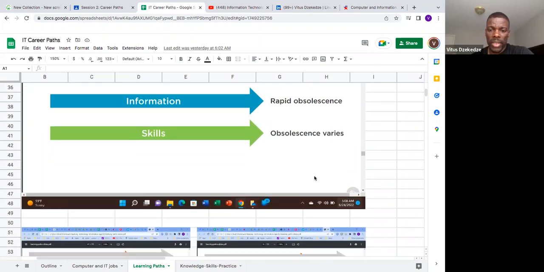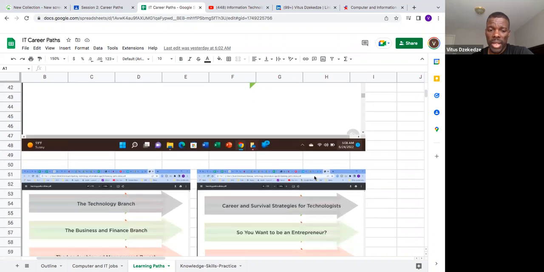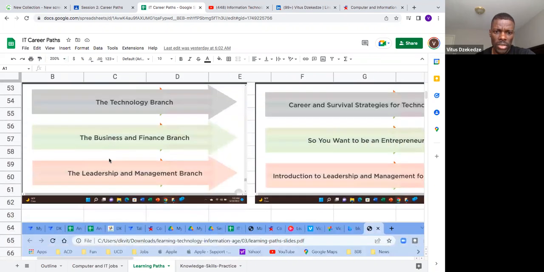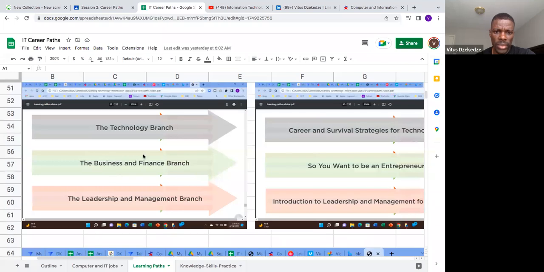But then each one of those 3 tracks are involved in the 3 branches that we're talking about. So you on the workforce, you are the technology branch. This technology branch includes, if you can see closely, maybe I should make this bigger, the fundamentals track.